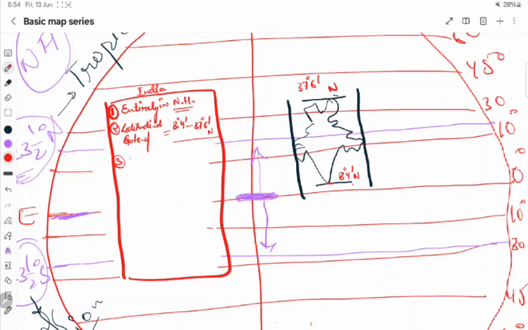What is the longitudinal extent? It is from east to west. First of all, India lies east of the Greenwich meridian, that is the 0 degree meridian.